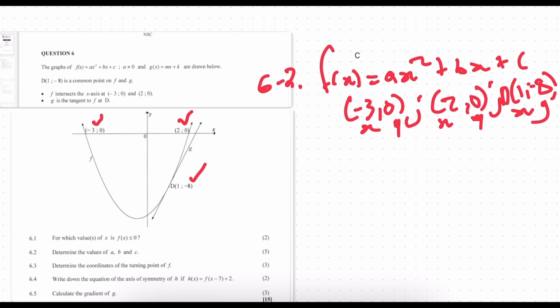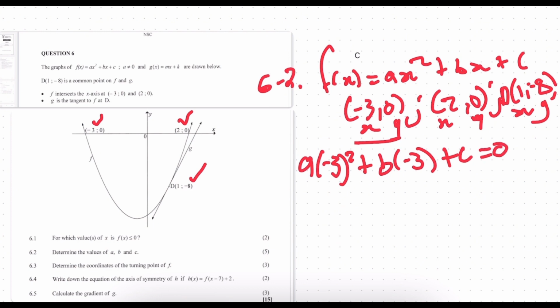Let's start by plugging in this point. You know your x is minus 3, but your y is 0. So you'll have a times minus 3 squared plus b times minus 3, plus c equals 0.